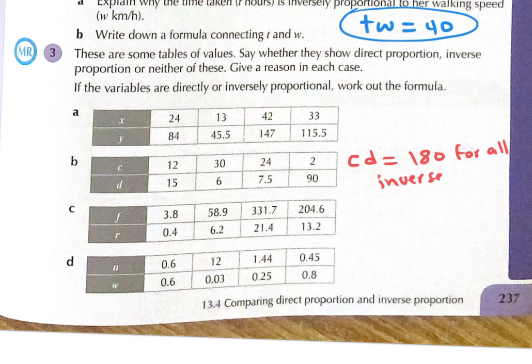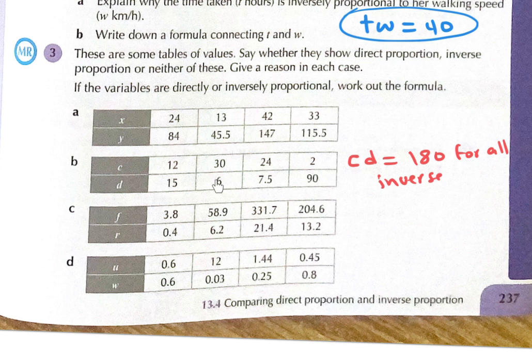But why do I exclude that they are direct? Because when C increases, D decreases. So this cannot be direct at all. You don't need to find the ratio between them. This doesn't work to be direct proportion.